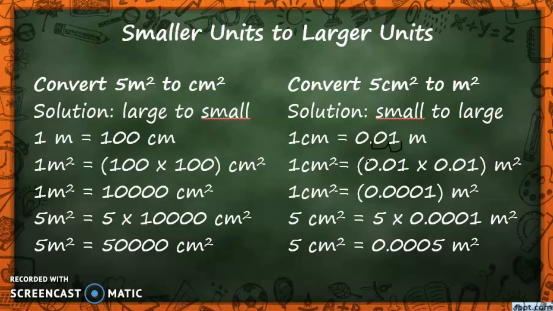Alright, it's very simple. So then, knowing that 1 centimeter square is what we're looking for, we have to square what we got here. Alright, so after we square it, we then get 0.0001 meters square.